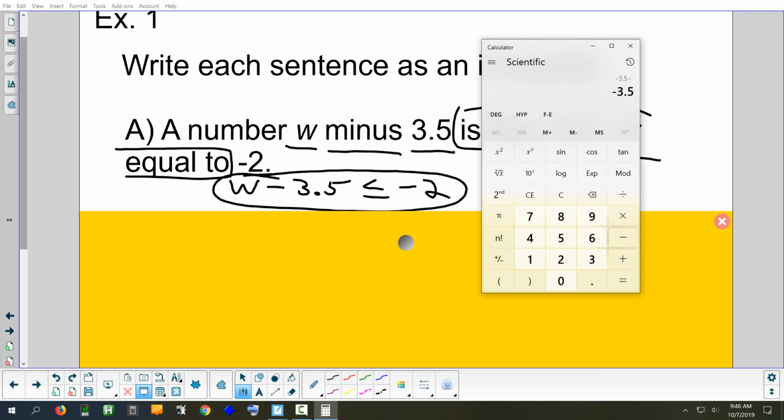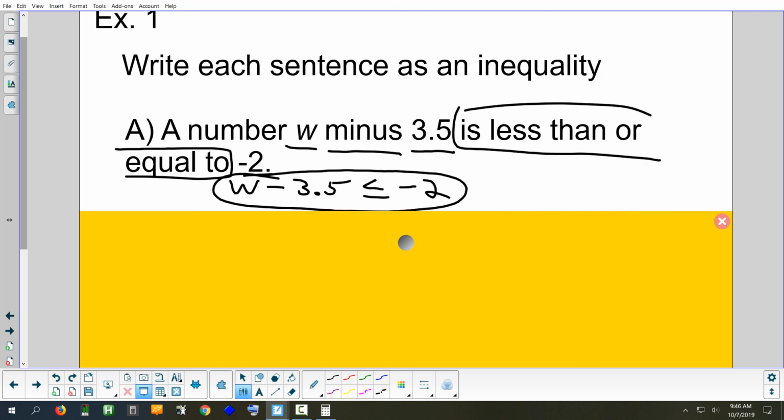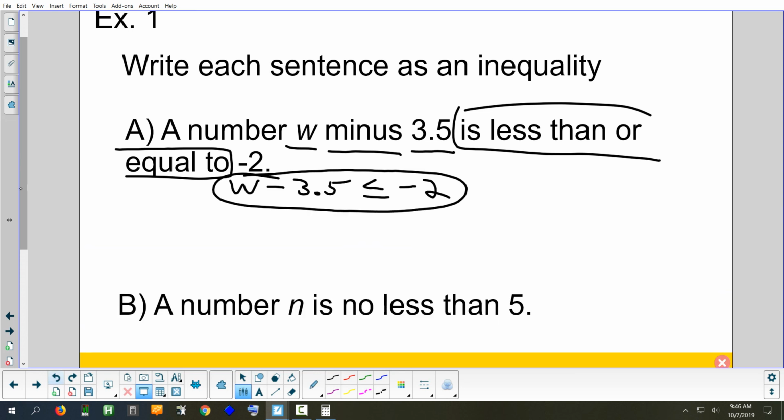So there's negative 3.5. No, we got negative 7. You add. Yeah, you would add it. So if you were going to solve this, you'd add 3.5 to each side, just like you would do if it was like this. Same steps. But for now, we just want to practice that.